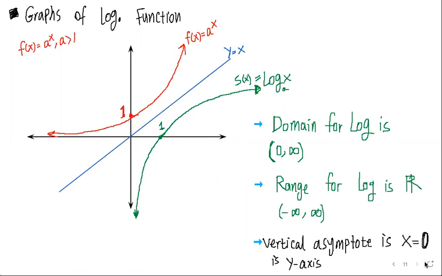Okay, now we're going to learn how to graph by using the transformation. So now my logarithm function will be something like this, the green one. It always looks like this. This is my original function graph, the green one. So now I can graph by using the transformation.